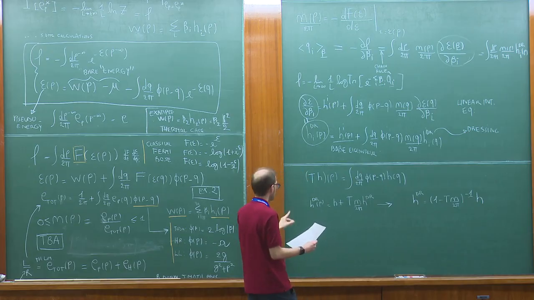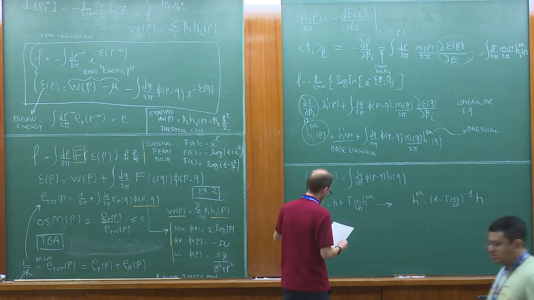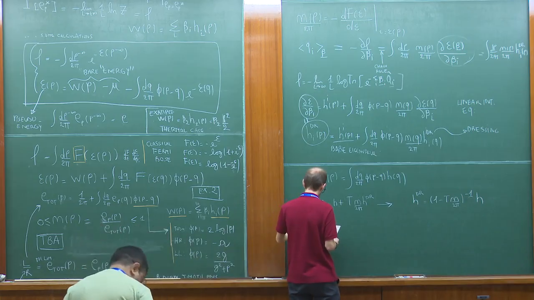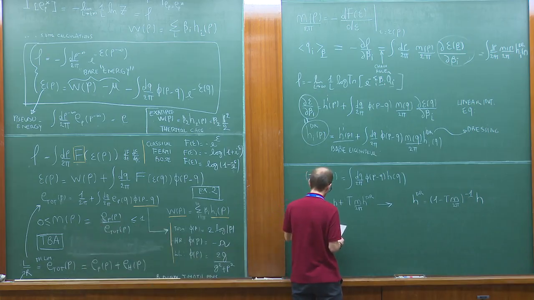I just want to say that we use this because there is one mathematical identity which I use, just to simplify a bit the expression, concerning the integral of a dressed function.